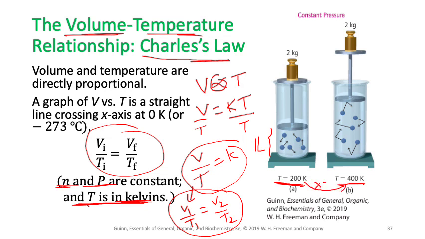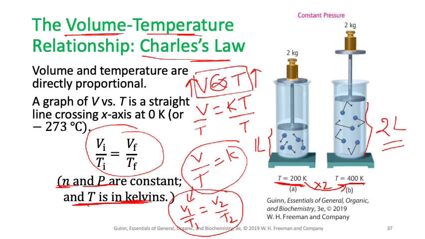We increased it by 2 times. That means the volume also has to increase 2 times, because they are directly related. The volume is 2 liters then. One thing goes up, the other goes up by the same factor. So this is how you can predict the behavior of the gas in Charles' law.